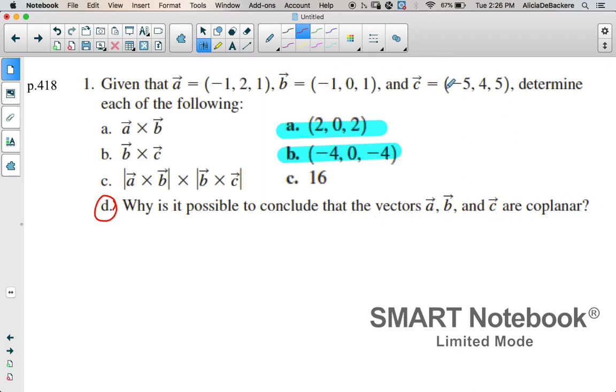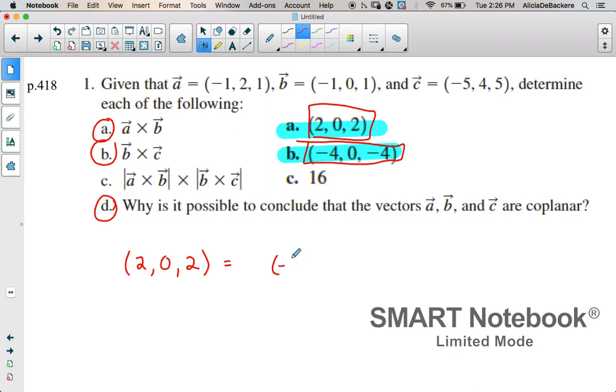So we had these original vectors A, B, and C. And so when I look at the answers of crossing A and B, I got 2, 0, 2. And when I crossed B and C, I got -4, 0, -4. So what I notice is that 2, 0, 2 is related to -4, 0, -4, right?